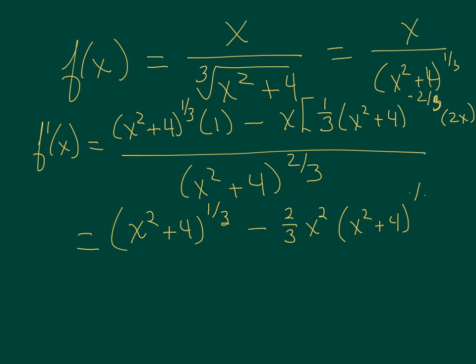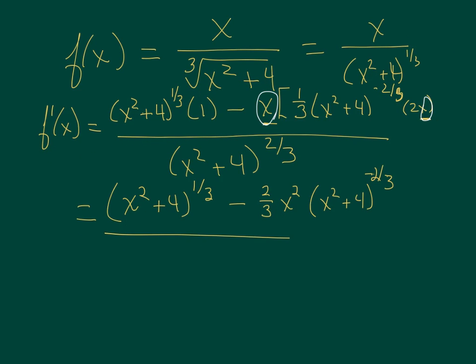Wait, where did you get that x squared after the 2/3? The x in front and this x. This is all over x squared plus 4 to the 2/3. Neatness helps a lot here.